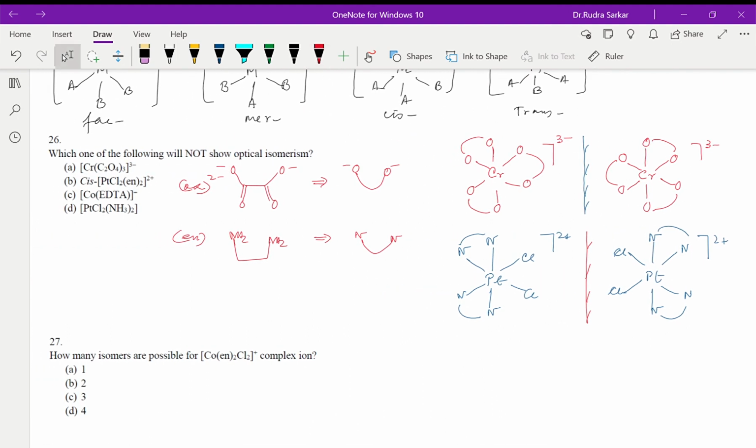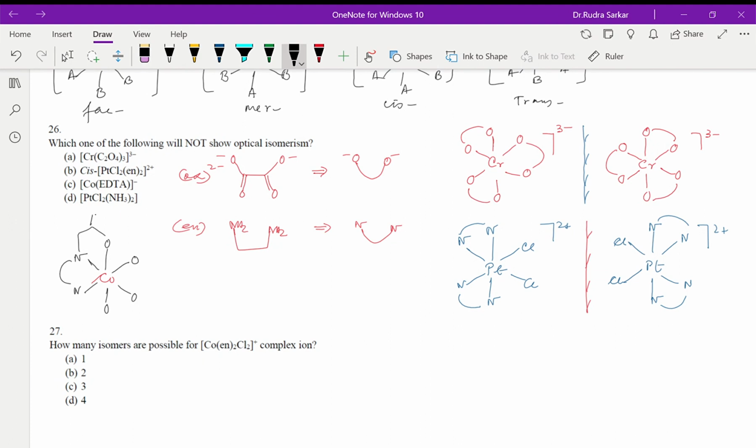In case of [Co(EDTA)]-, this is how it is, and this will also have one mirror image.